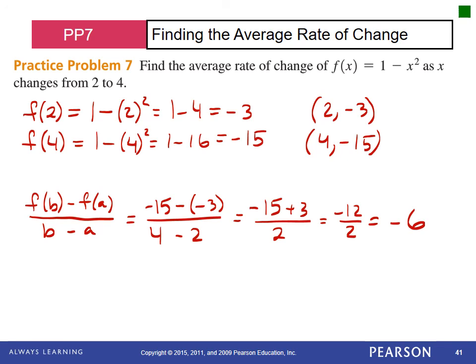On the bottom it's going to be 4 minus 2. And so negative 15 plus 3 over 2, or negative 12 over 2, or negative 6 eventually at the end of it all. So again, that's the average rate of change.